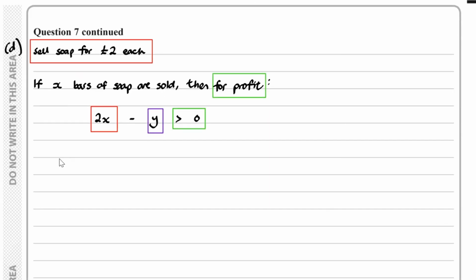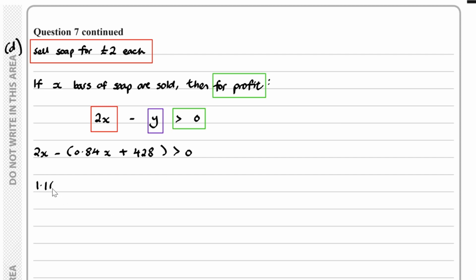So we have 2x minus 0.84x plus 428, and this is greater than 0.